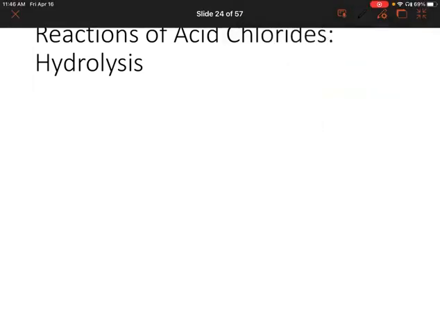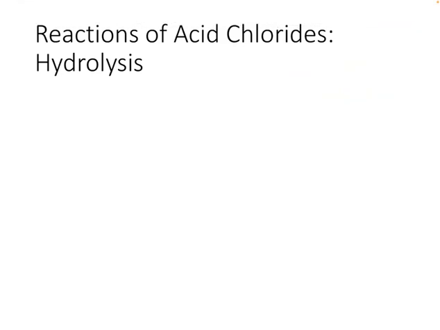So one thing we can do is hydrolysis. So we're just going to react that acid chloride with water. And the acid chloride is going to be our strong electrophile because of that carbonyl carbon. Water is our weak nucleophile.